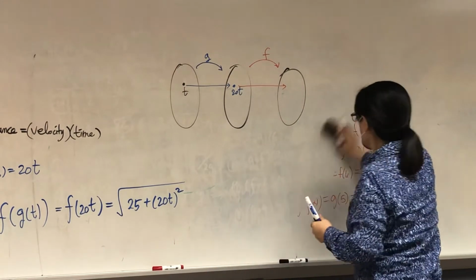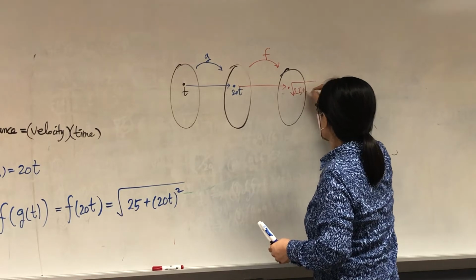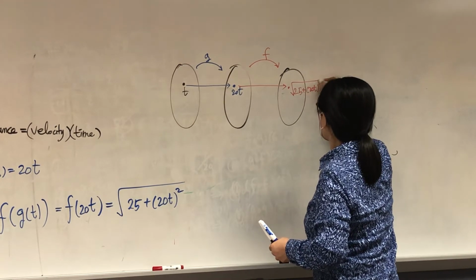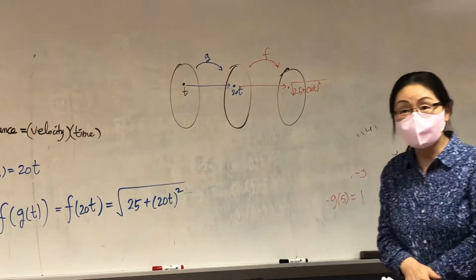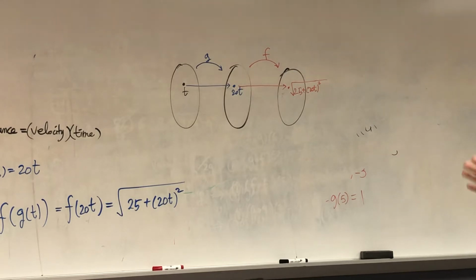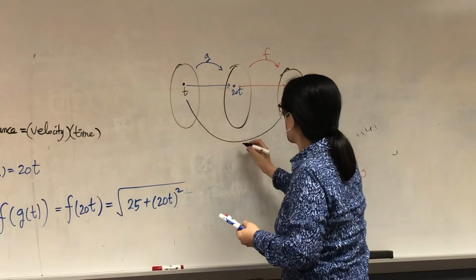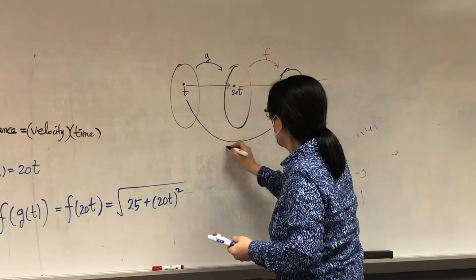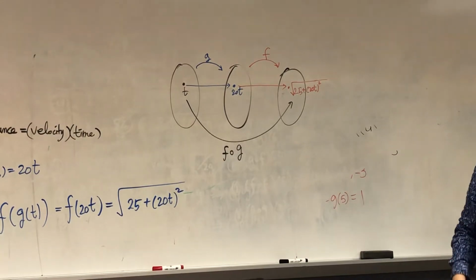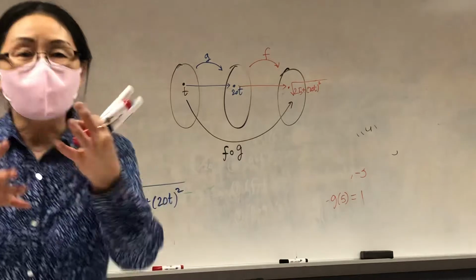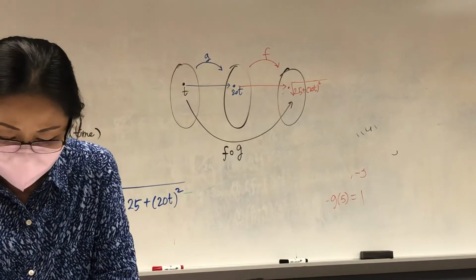See here, f function is 25 plus 20t squared. Do you understand? In this case, from here to here means F composite G. Two-step functions combined together, that's a composite function, right? Move on.